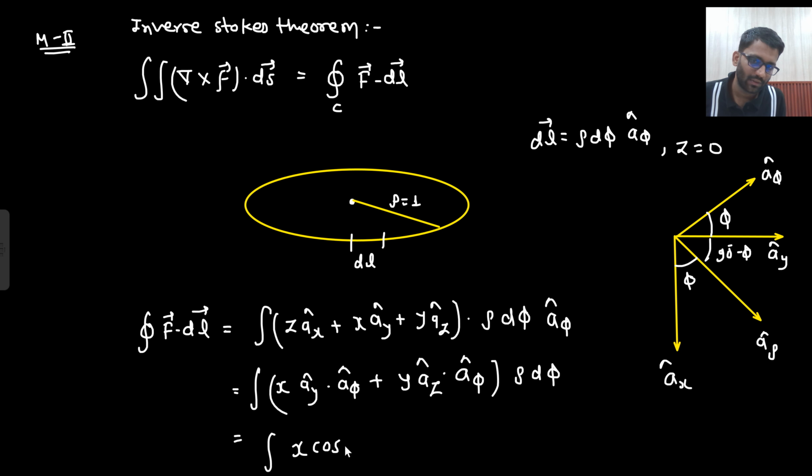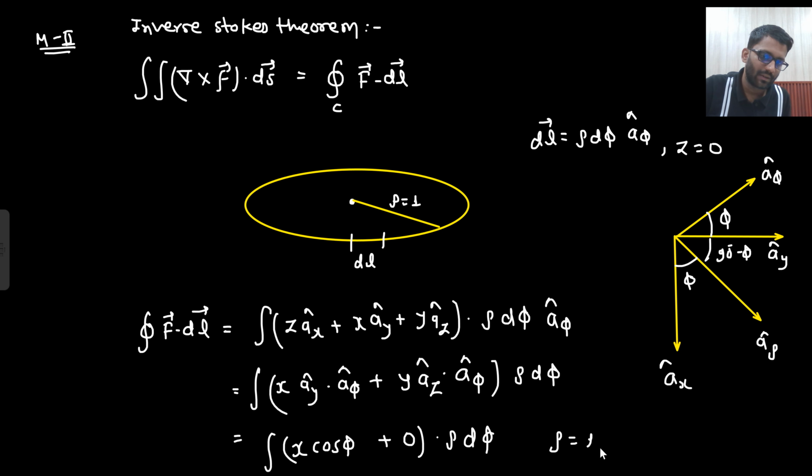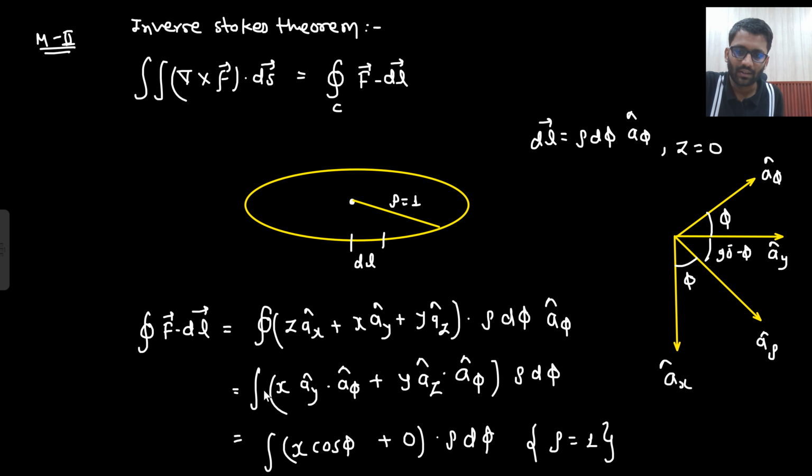So x cos phi. Z is always perpendicular to a phi, right? Z and a phi are perpendicular, so this will be 0, into rho d phi. And rho is constant, rho is equal to 1 here. So x cos phi d phi you are getting. I could have put a closed line integration here.